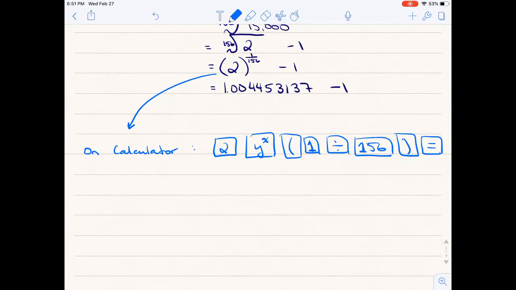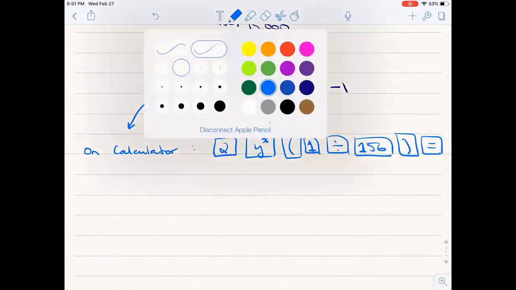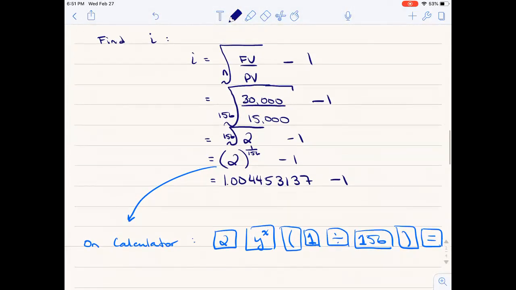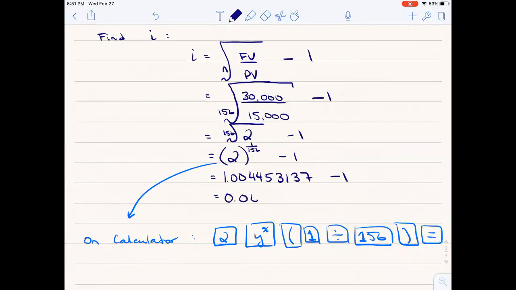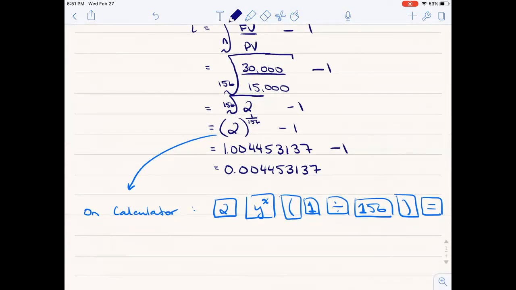So now we have to subtract 1. So our I, which is the one we're solving for, is actually 0.004453137. And just for later, because I know I have to use this value, I'm going to make a note that I'm storing this in 1. It's really important that we subtract the 1, because otherwise, if you think of these as rates, I is the interest rate.